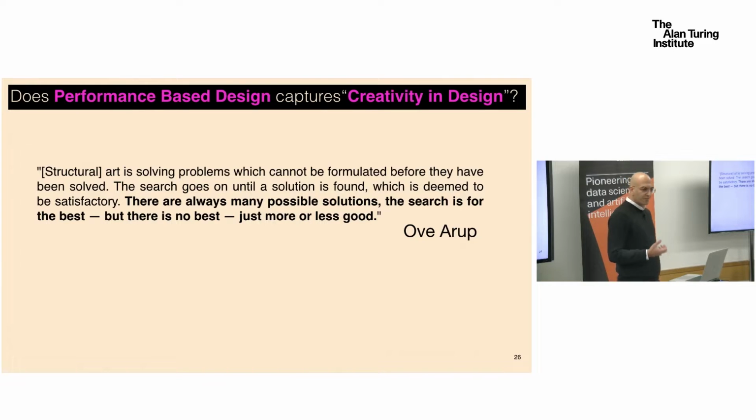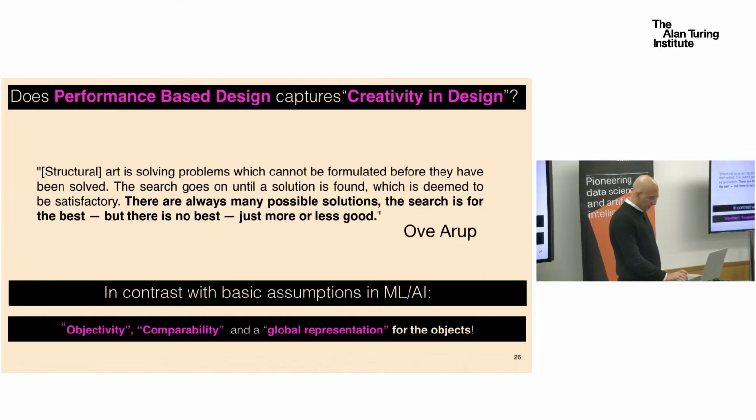And this is a fundamental question that we can ask about machine learning, because it's really in contrast with a lot of assumptions in machine learning applications, that we have assumptions about objectivity. We know what is good fit, for example, and we have a measure of comparability, which is global, based on a certain representation. And think about it in the context of structural design, for example.